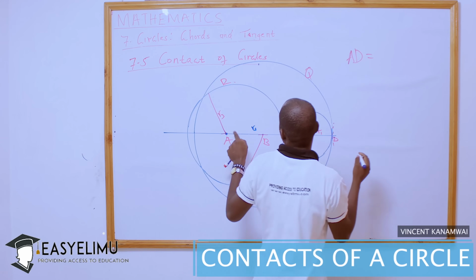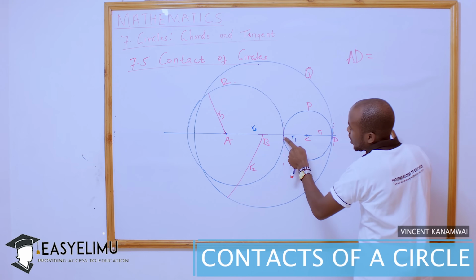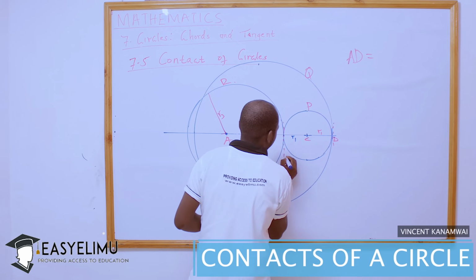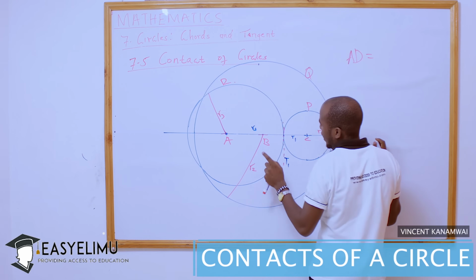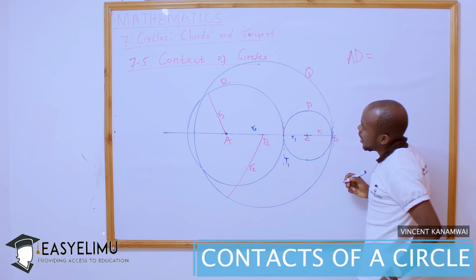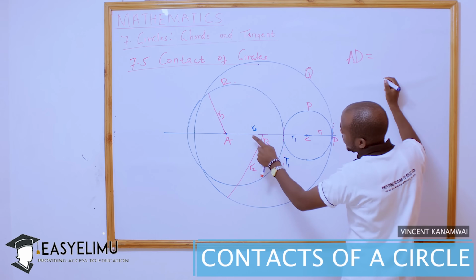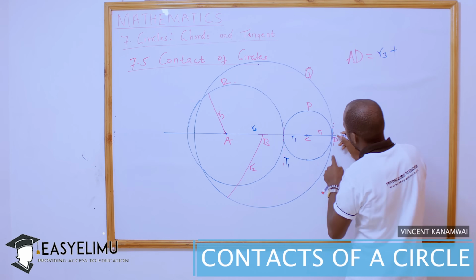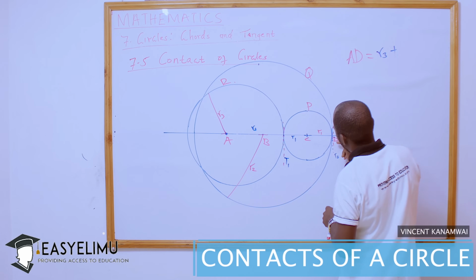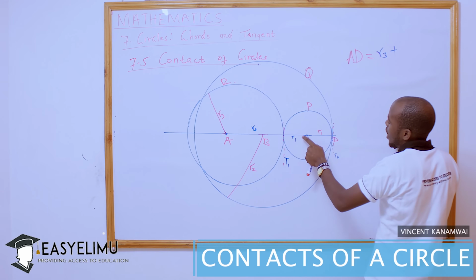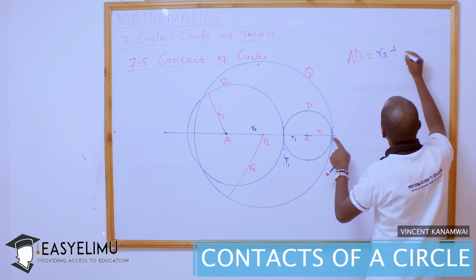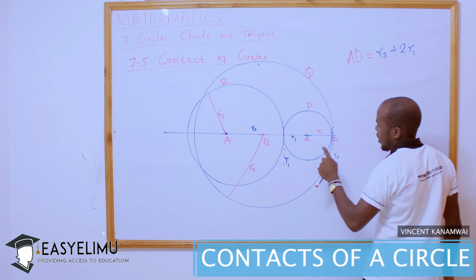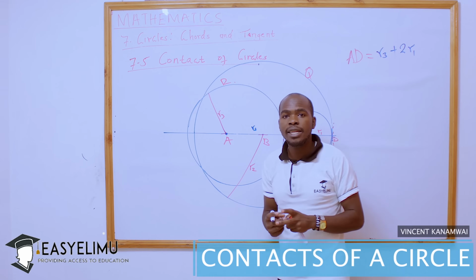So AD will be equivalent to the distance from A to that point of contact. Let's just call that point T1, like tangent 1. The distance from A to T1 is R3. So we shall take R3 plus the distance from T1 to D, which is T2. Actually we are having R1 and also R1, meaning if we add together we are going to get 2R1. That is the distance from A to D. That is how we calculate that distance.